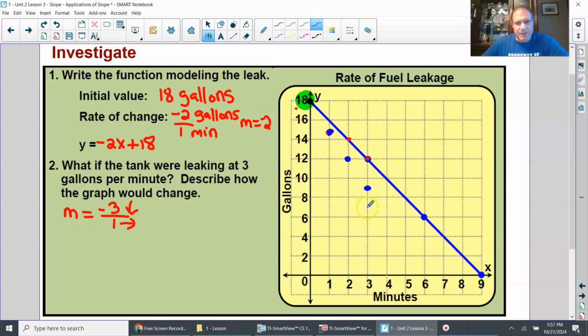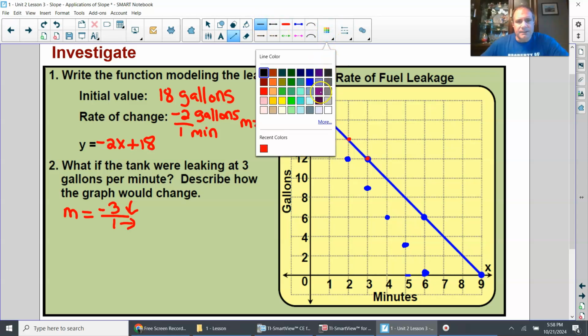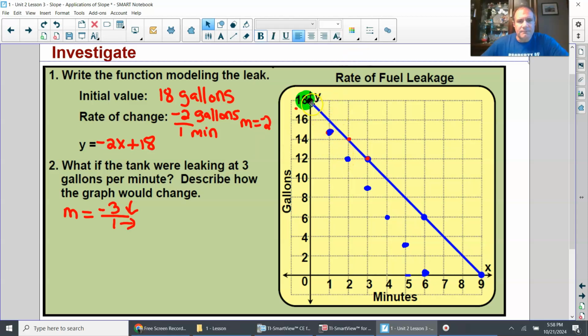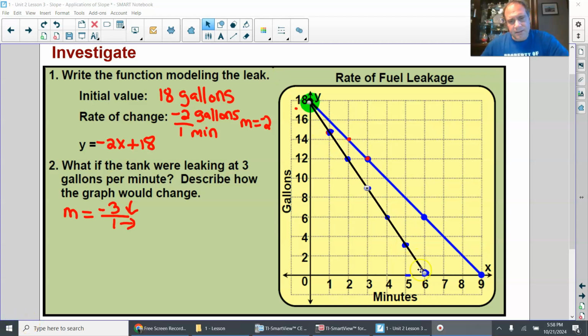Down 3 from 9 to 6 and a run of 1. Down 3 from 6 to 3 and a run of 1. Down 3 to 0 and a run of 1. So you can see this line right here, now that we're going to pick a different color to represent that line. So take a look at that line.